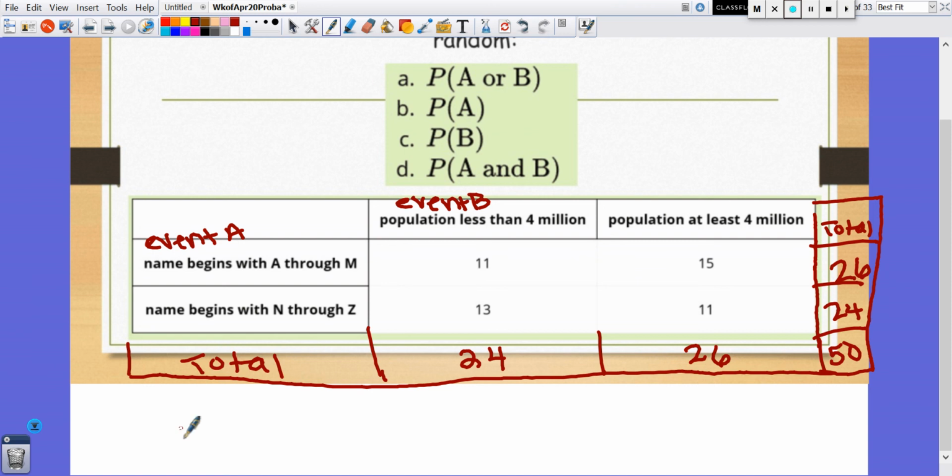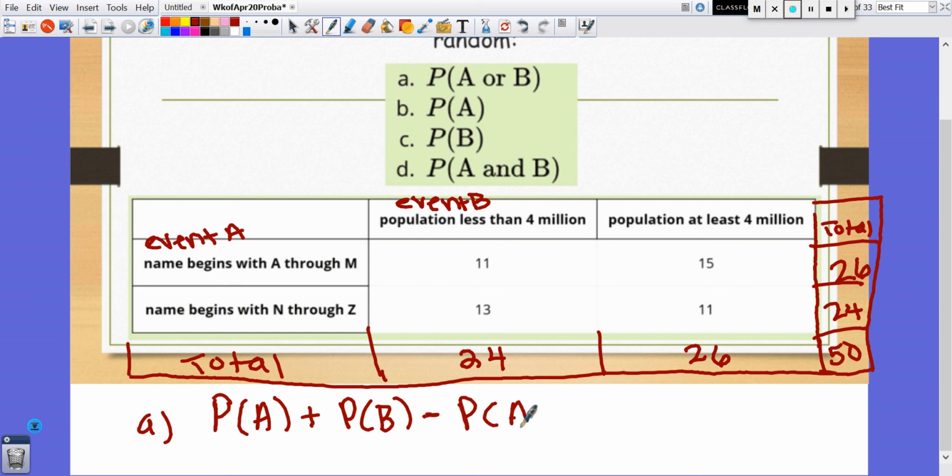Now I can start answering these questions. It says the probability of A or B. Alright, so the formula tells me to do the probability of A plus the probability of B minus the probability of A and B. So the probability of getting event A in this situation is 26 out of 50, plus the probability of getting event B is 24 out of 50.